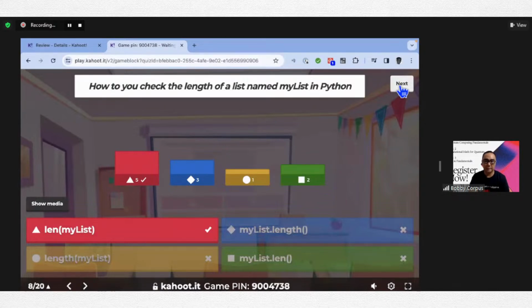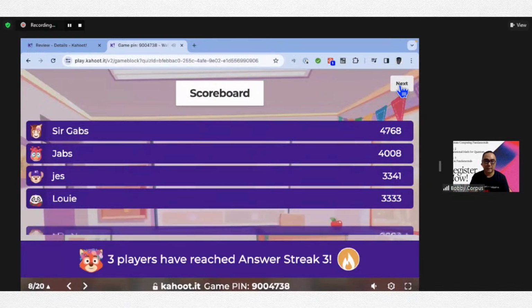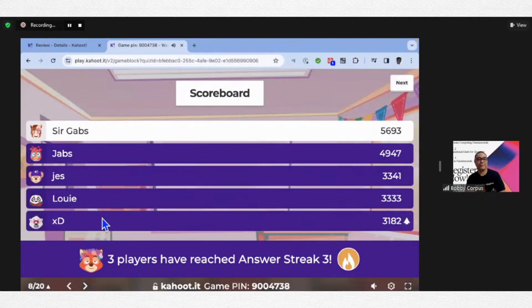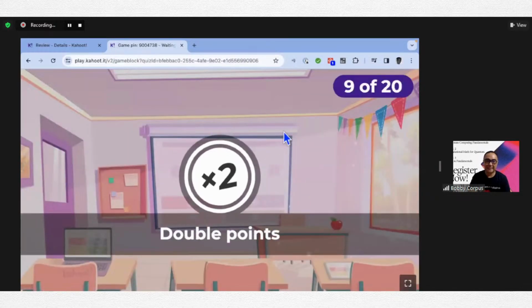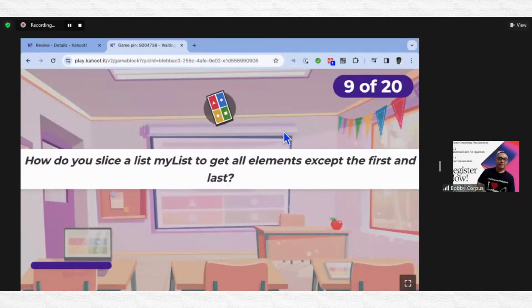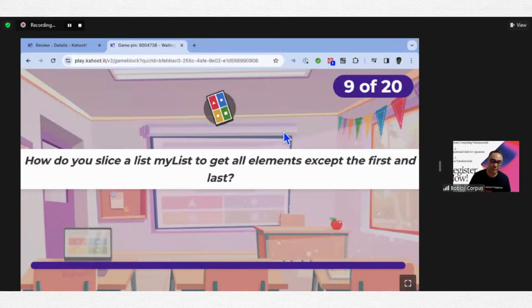Okay. Wow. Hey, XD, sino to? Okay, double points. How do you slice a list to get all elements except the first and the last?